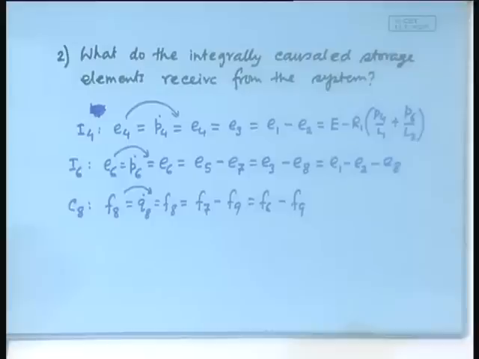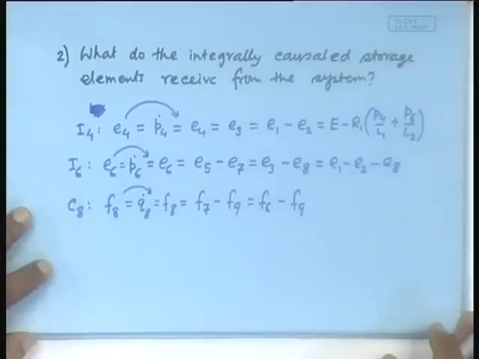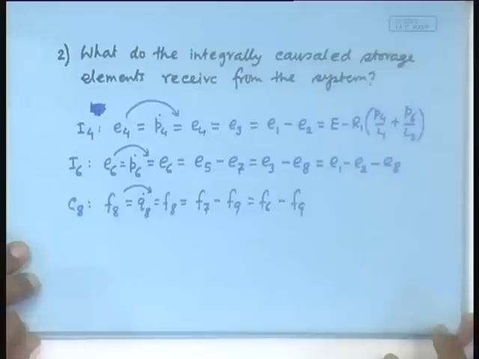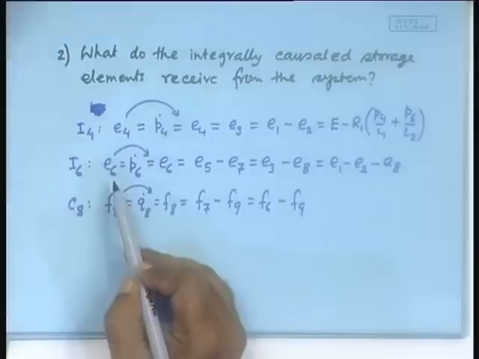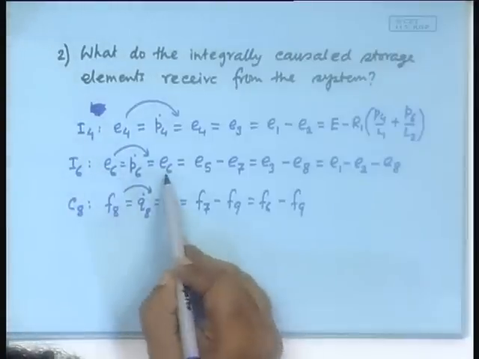Okay. Yeah. So there should be E5 plus E7 in the place of E6. For I6, F6 should be. Wait, let us check. This is okay.